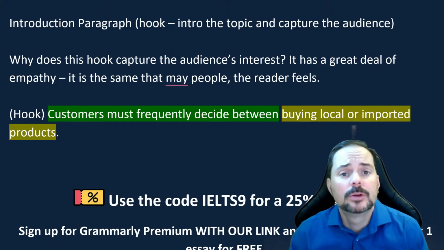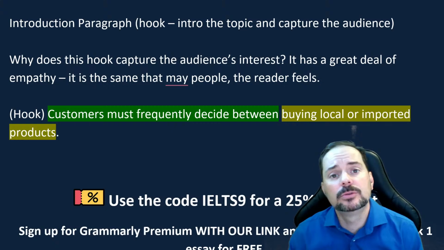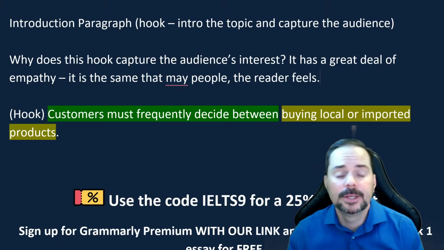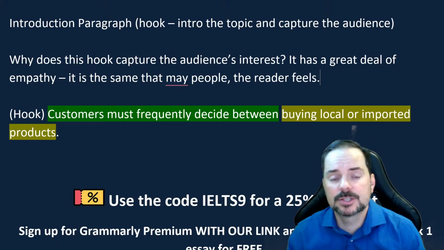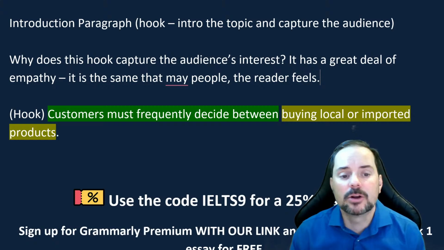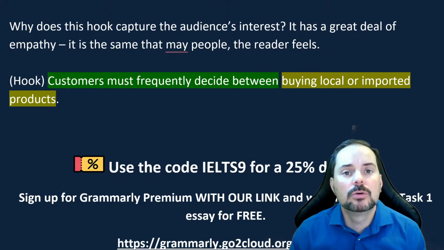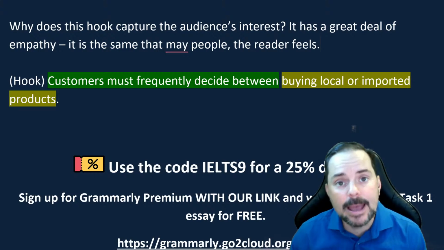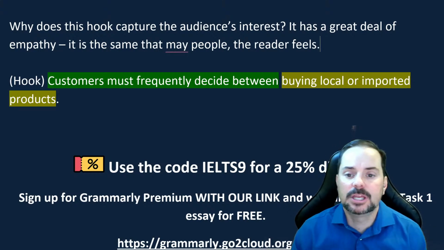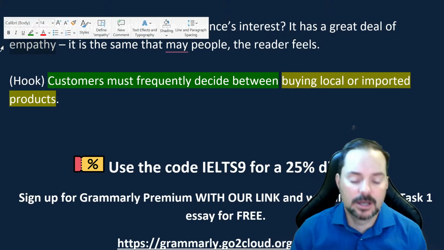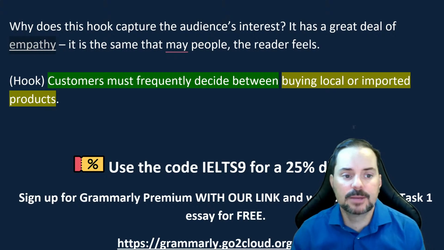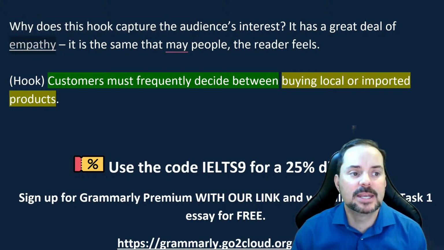This morning when I went to the market, I had to look at the imported mango, which cost this much and looked this good. And I looked at the domestic mango and yeah, I had to make that decision. Okay. So a good hook creates empathy in the reader.